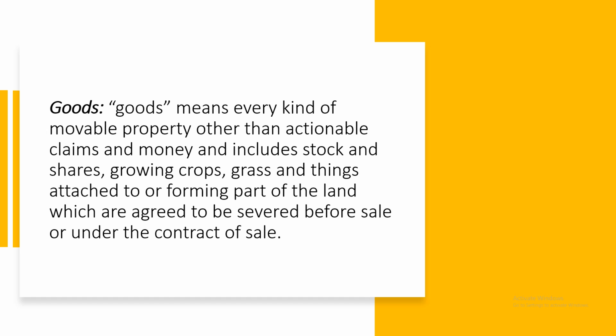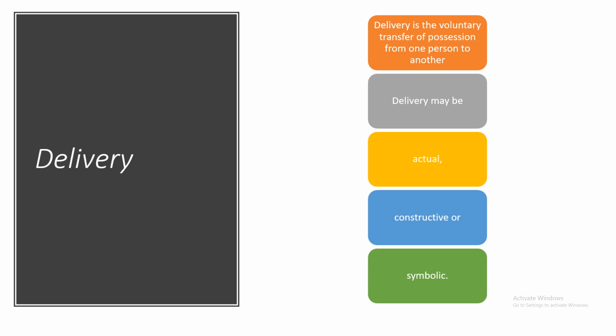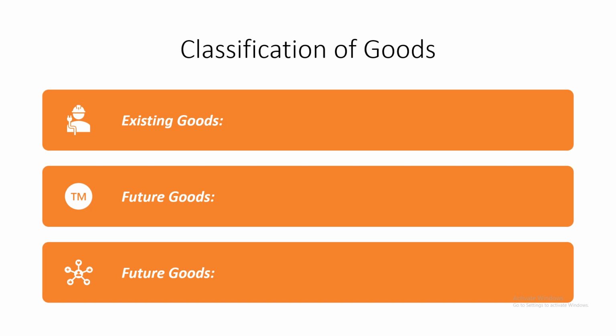Now, let us check the various classifications of goods. The Sale of Goods Act has classified goods into three broad categories: existing goods, future goods, and contingent goods.